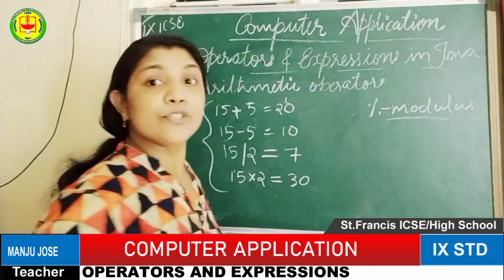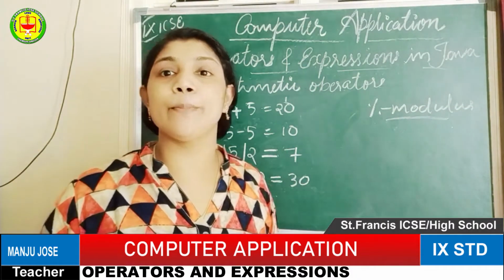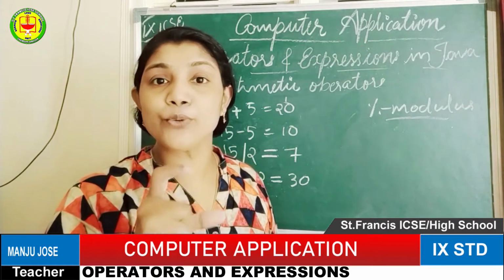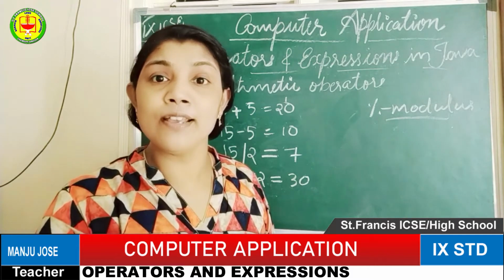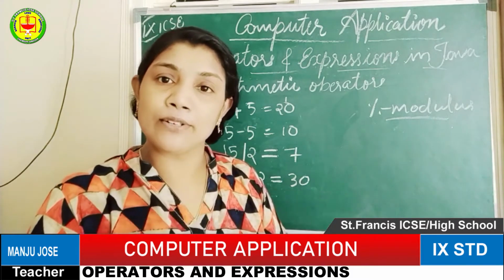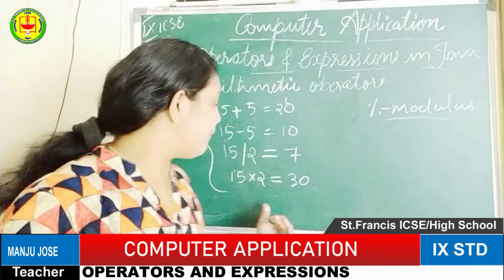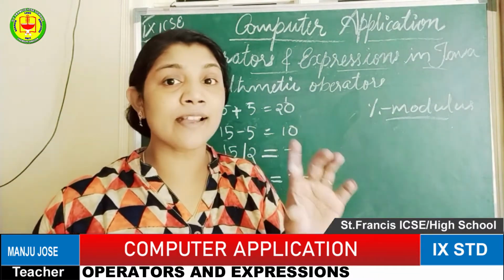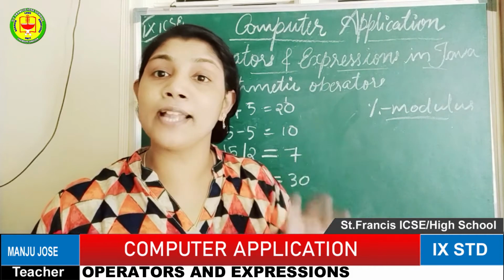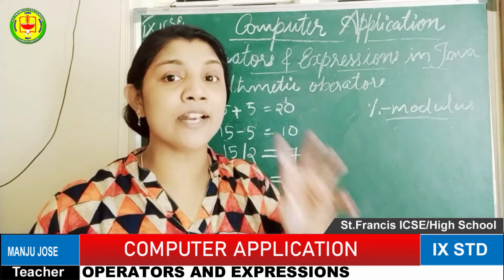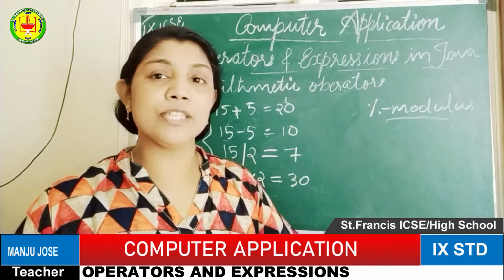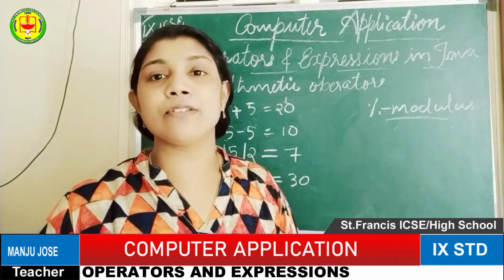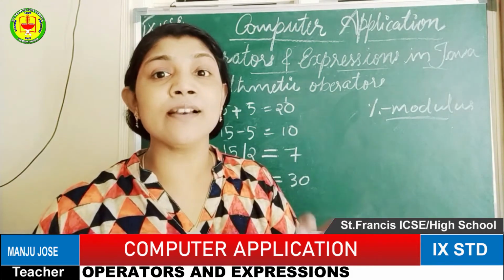Modulus operator. So what is the modulus operator? Actually the calculation will be division only. When we use any two numbers, we are doing division, so both are division calculations. Then what is the difference between division and modulus? When we do division, we consider the quotient of the calculation as our result. If there is a remainder, we mention it separately, but the priority is the quotient.